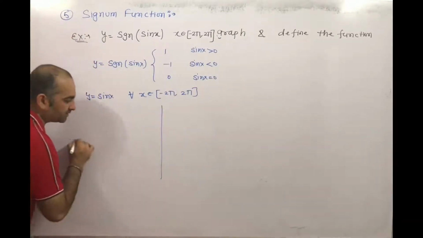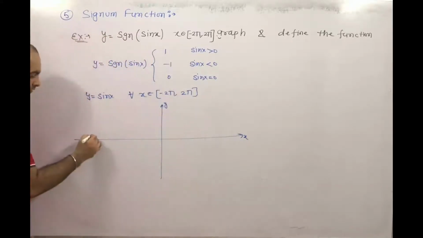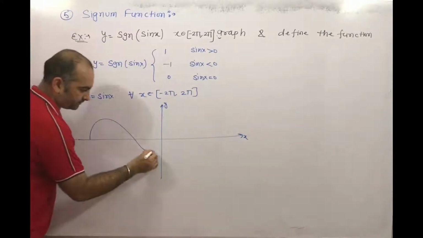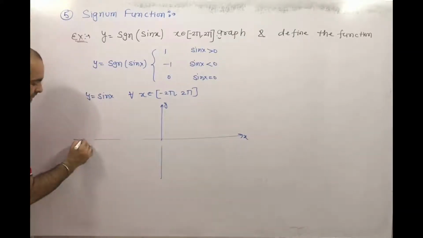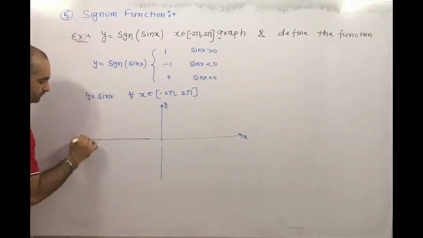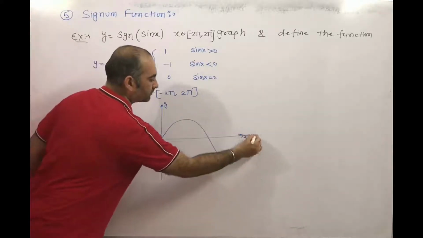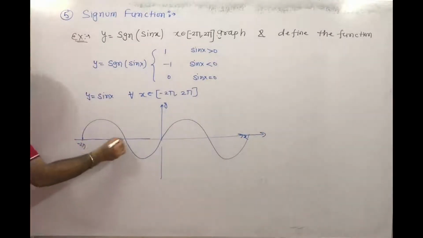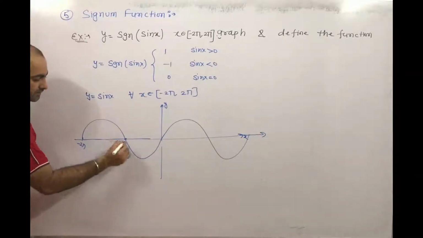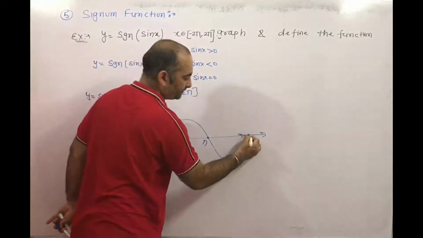This is the y axis, this is the x axis. The graph will come like that. This is minus 2 pi, minus pi, 0, pi, 2 pi.